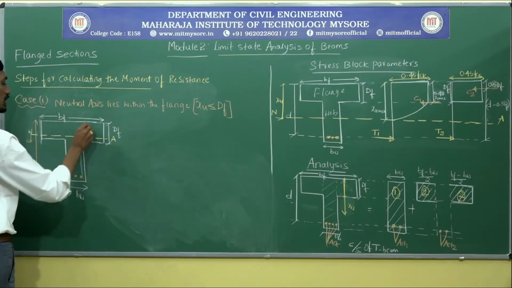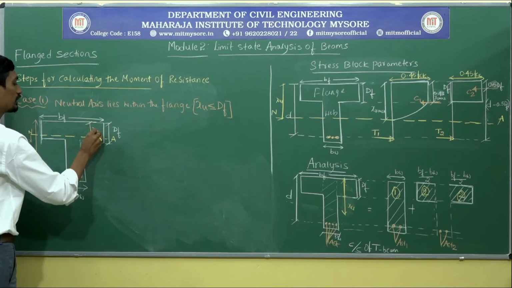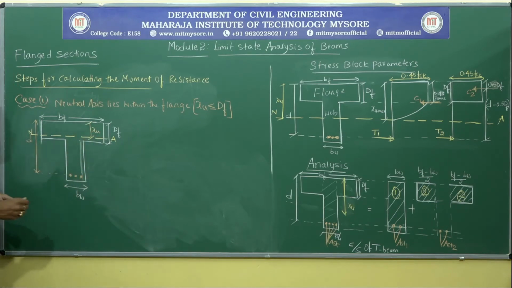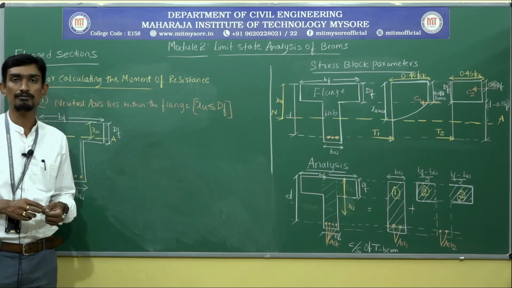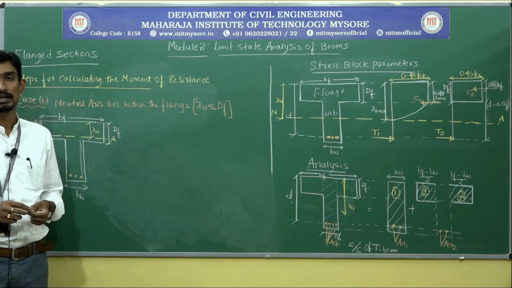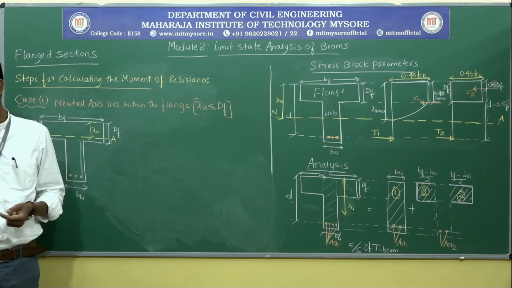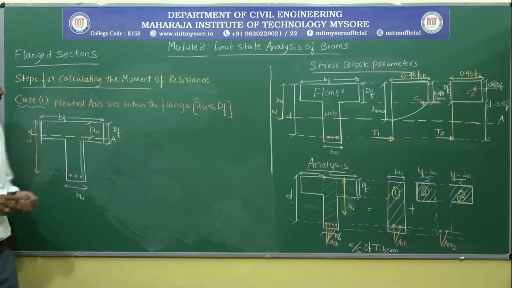Let us assume that your XU is lying within the depth of flange, that is XU lesser than DF.